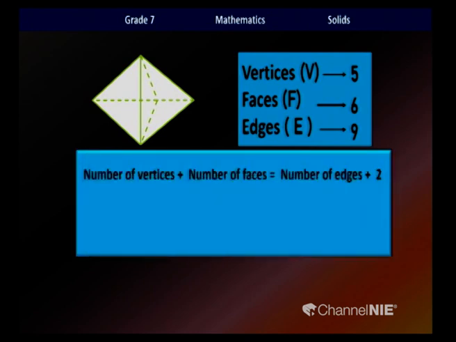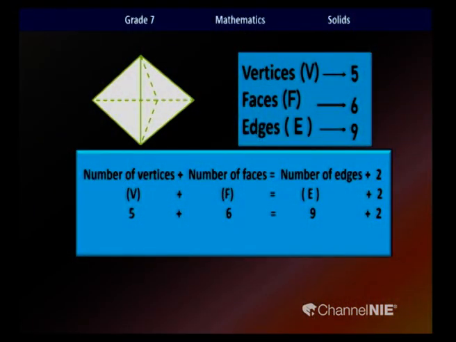Therefore, I am going to check whether this composite solid fulfills the Euler's relationship or not. Once again, the Euler's relationship is number of vertices plus number of faces equals number of edges plus 2. So, we will quickly put the data into this relationship.